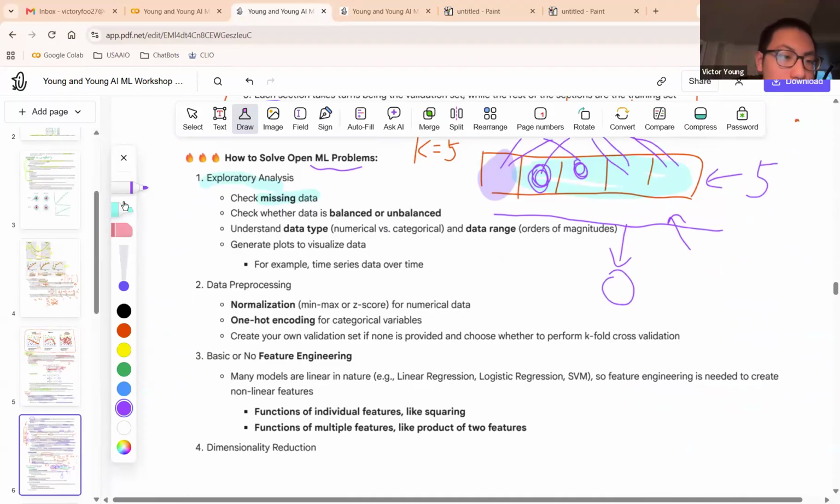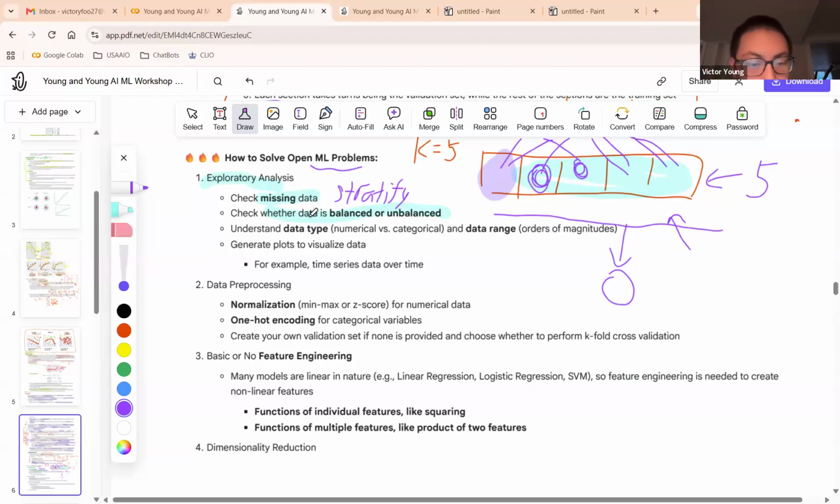Okay, next, let's check whether data is balanced or unbalanced. We talked a lot about that yesterday, like the accuracy and F1 score. There are two methods to counter that. First, we can do something called stratified sampling, which is we try to make sure that when we split into validation and test, we always have some samples in the low represented group.